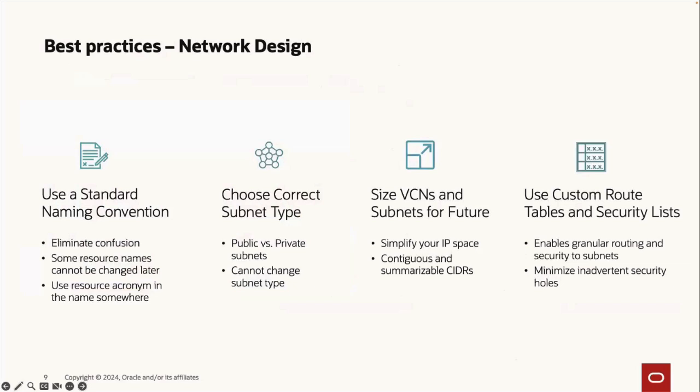So just make sure you have a standard naming convention. And this goes for not just networking but across your entire tenancy and infrastructure, because it helps to eliminate confusion. If somebody else is going to come in and look at something, they're not going to know what it is. They might be looking at the wrong thing. Also, some things can get a little tricky to rename later.